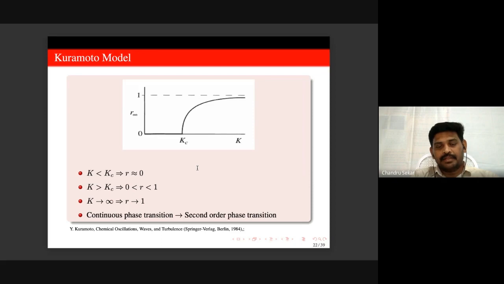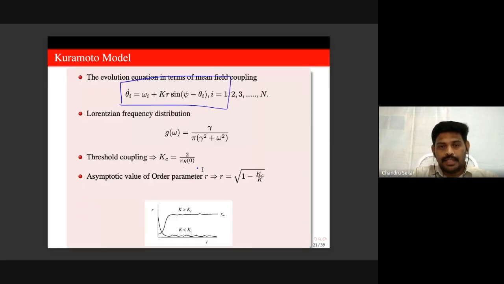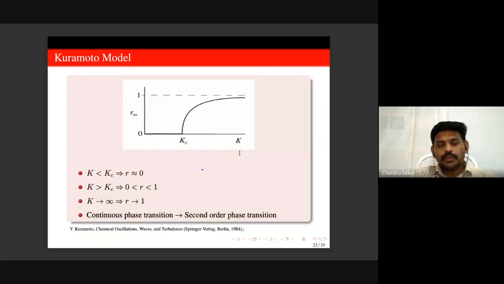When the coupling K is less than this critical coupling, R takes the value 0. So here all the oscillators oscillate with random frequencies and phases.